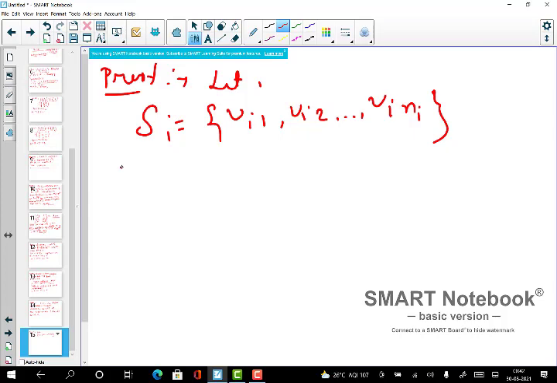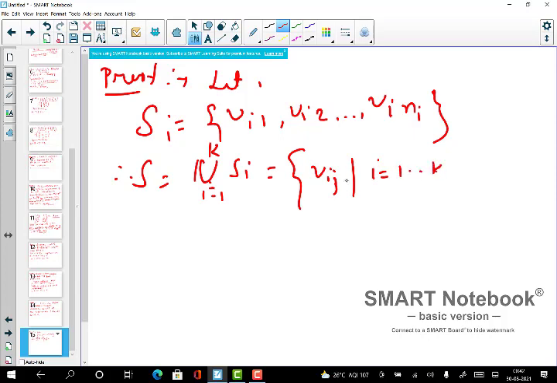And then S will be the union of Si, i equal to 1 to k, and you can write that as Vij, where i is running from 1 to k, and j is running from 1 up to ni. Whatever i you are getting, suppose i equal to 2, it will go to n2, where n2 is some integer.